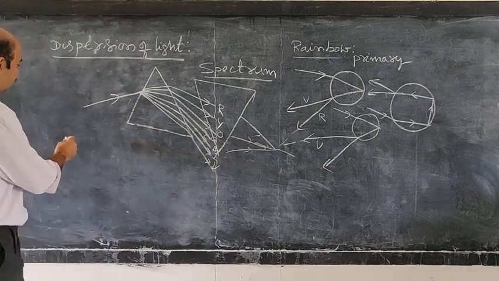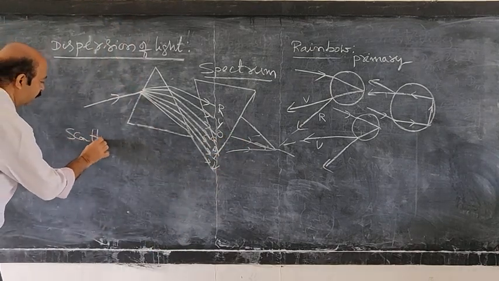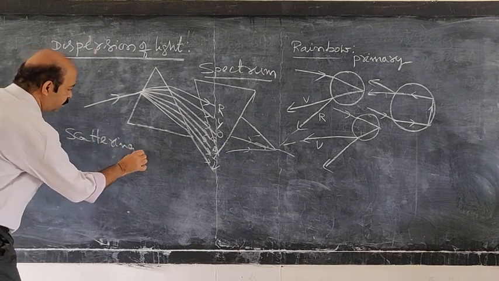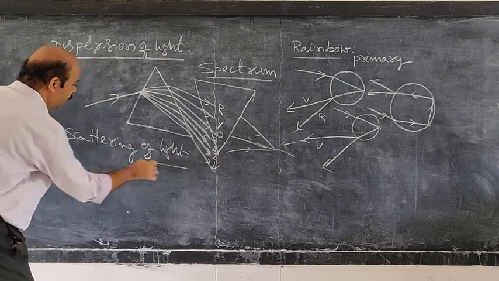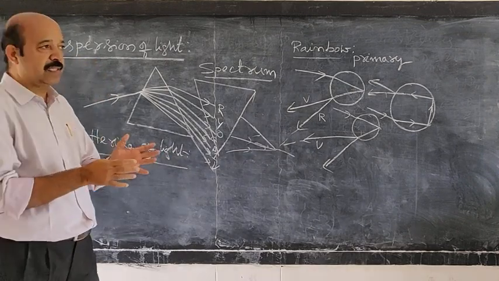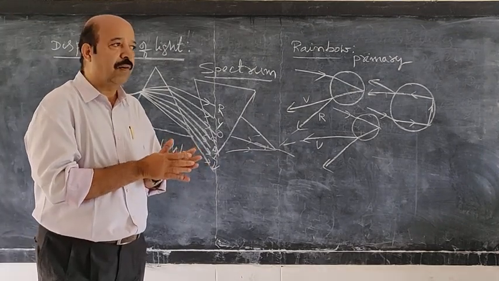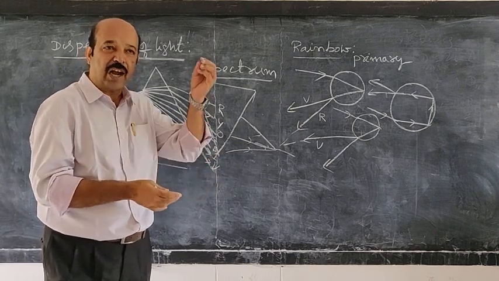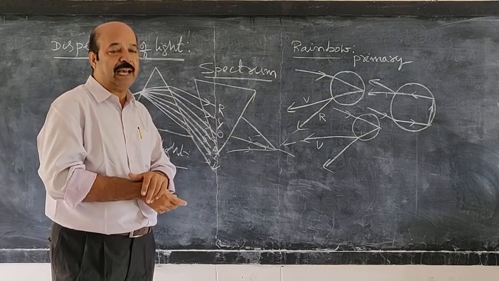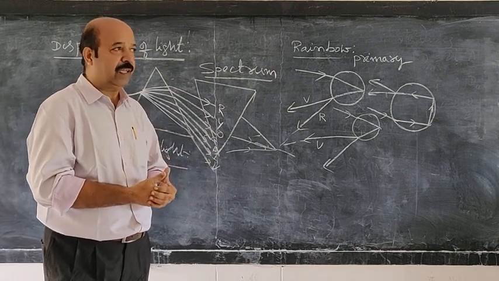So scattering means certain wavelengths of the composite light are scattered by the atmospheric particles more than the other wavelengths.